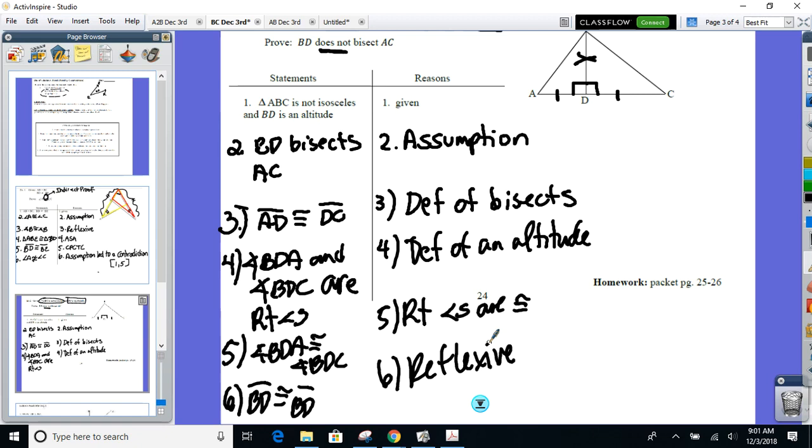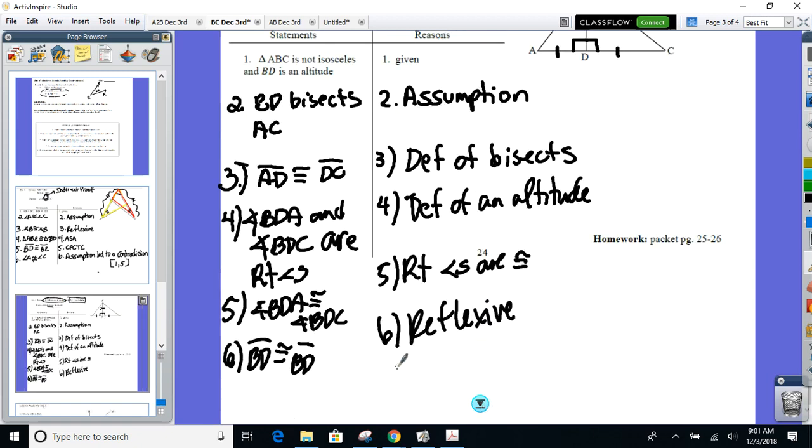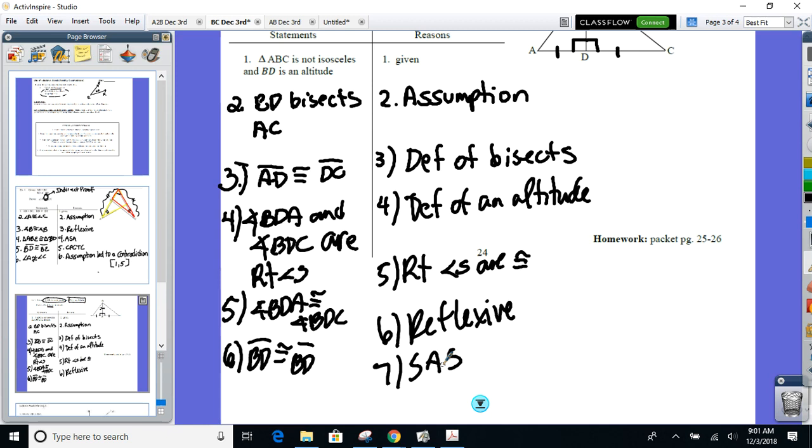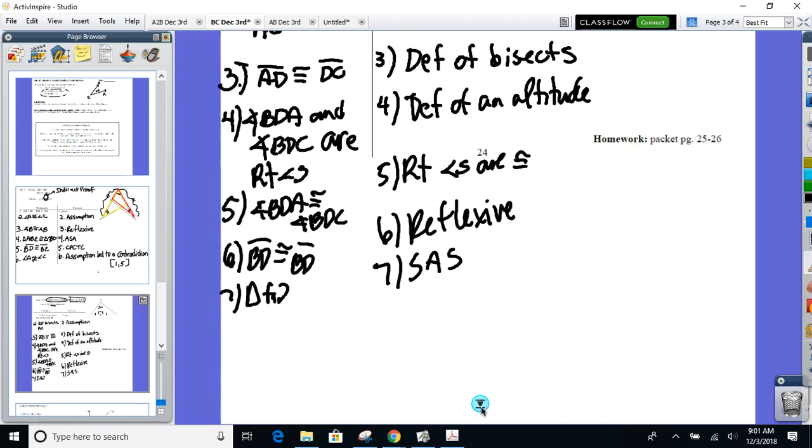So, by what method? Yep, those two triangles are now congruent. Side angle side. What are the triangles? ADB congruent to, let's see, ADB.